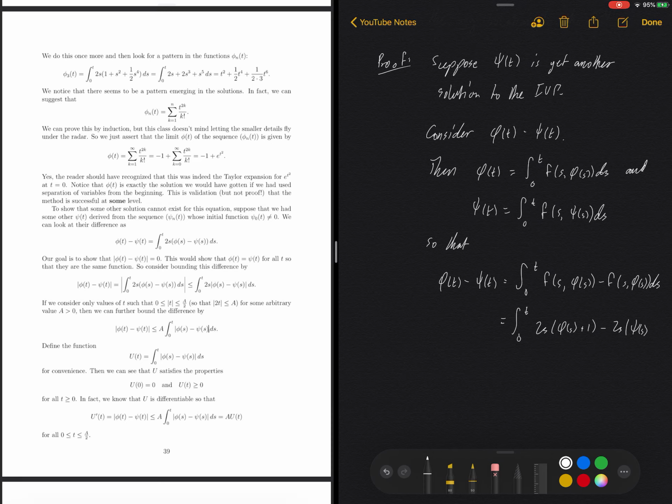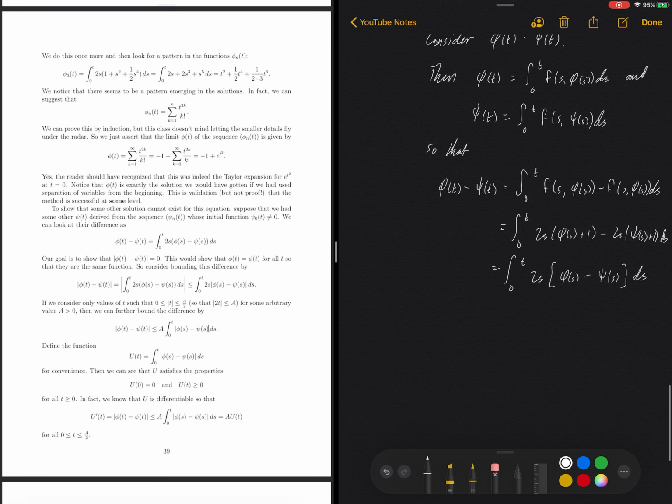In this case, this is 2s times phi of s plus 1, and then we subtract off the same definition on the other side. We factor out the 2s so that we get a cancellation of the 1's as well, so that we wind up with not another phi, but a psi. There we go. So this is that difference, and we can write that in terms of an integral operator.